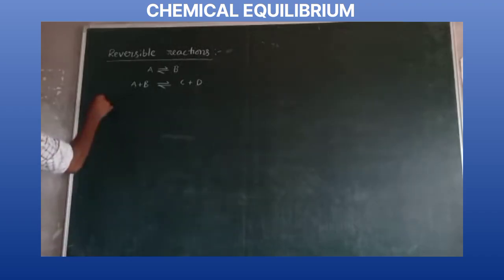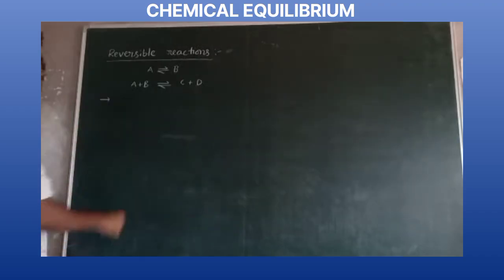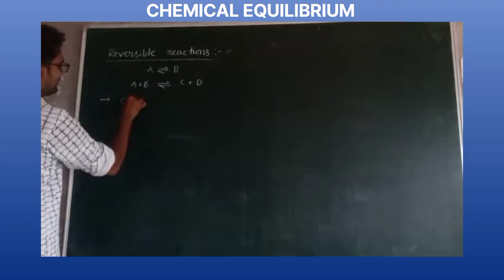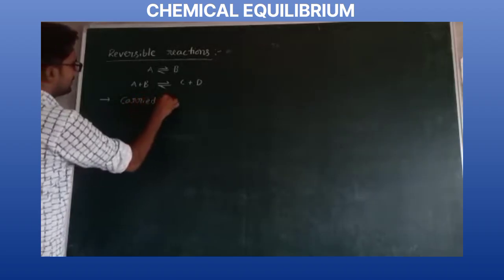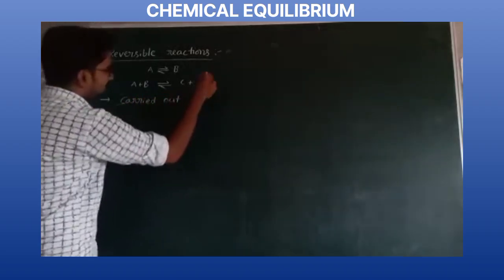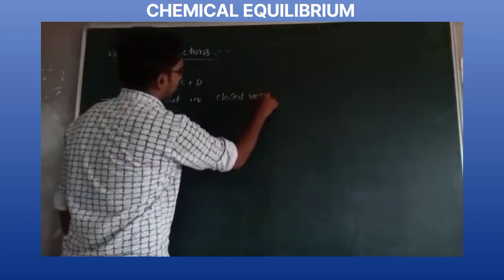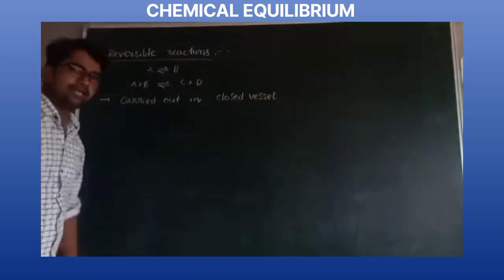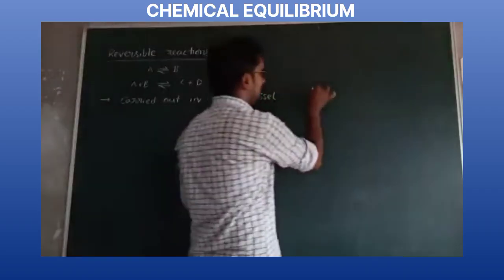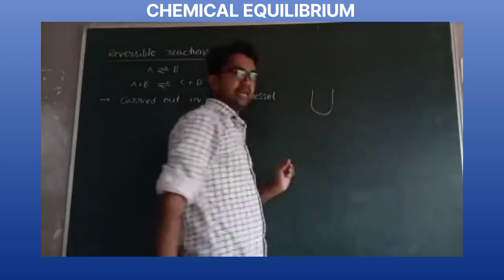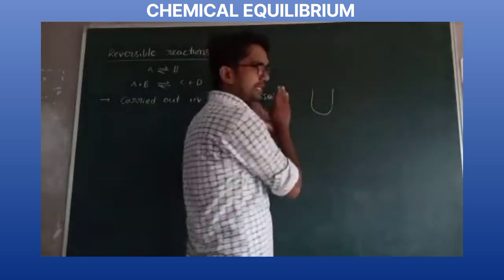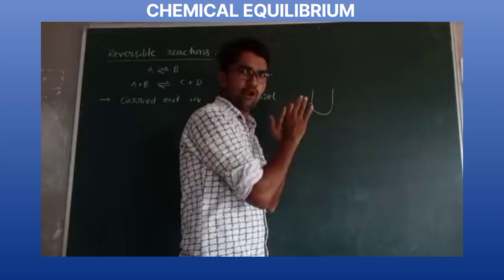But what is the main point? Reversible reactions are always carried out in a closed vessel. Closed vessel. Why? If you carry it out in an open vessel, there is a chance for evaporation of the products.